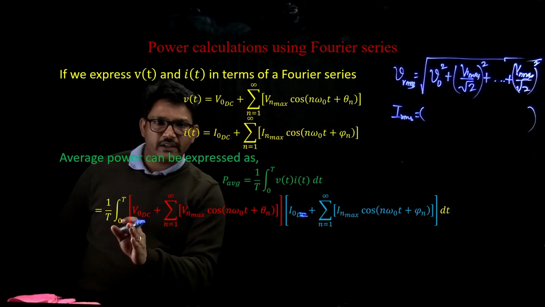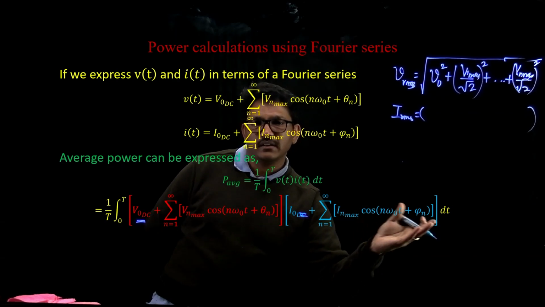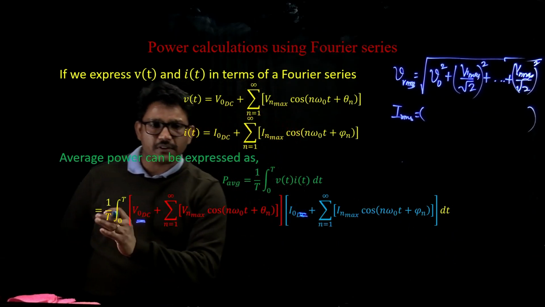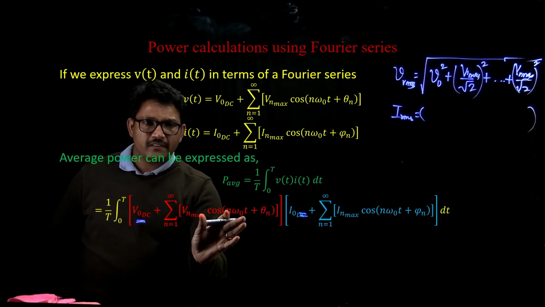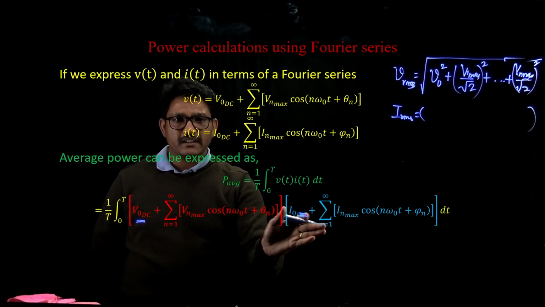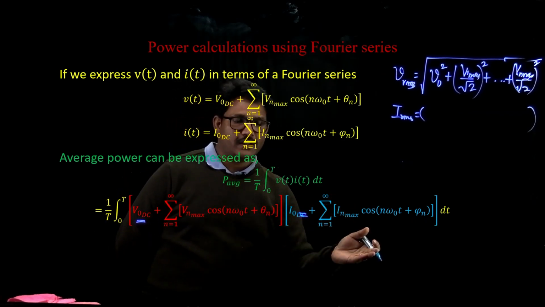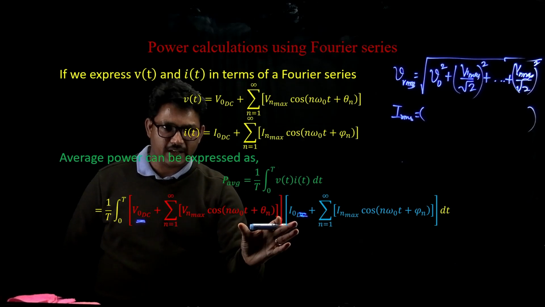So the voltage multiplied by the sinusoidal current terms will be 0 in terms of average value. Again, the voltage multiplied by the constant value of the current will have an average value of 0, so this also will be neglected.